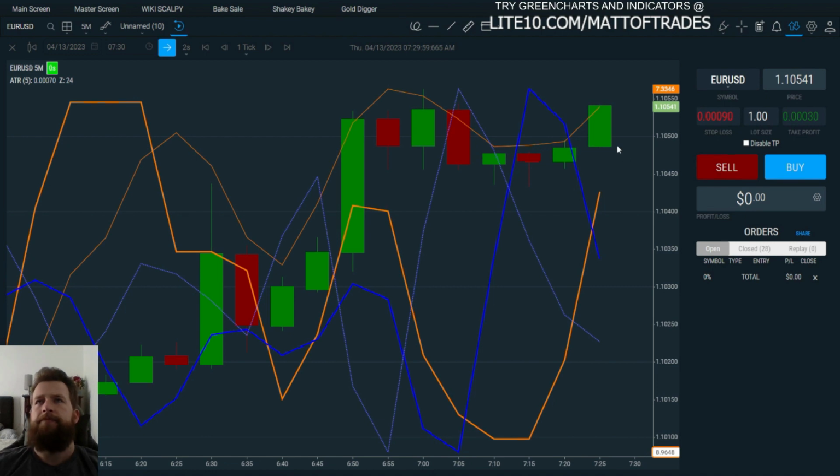And then we'll set some hard rules that we want our thin orange to be pointing in the direction we're looking to take a trade. We want our thin blue pointing in the opposite direction that we're looking to make a trade. And I would say let's have our thick blue, as long as it's not starting to kink in the opposite direction that we're trying to make a trade.